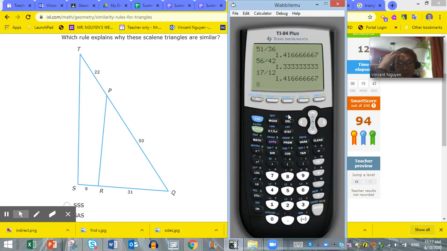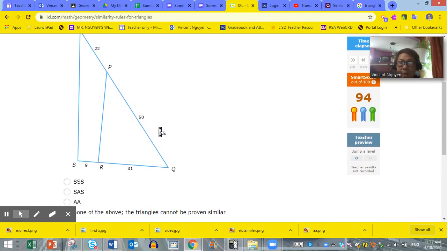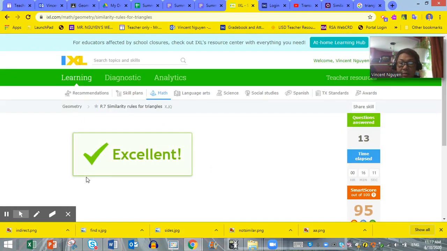I can't guess this. 22 divided by 9 is 2.4, and then 50 divided by 31. I'm leaning towards not similar, but who knows, because the lines don't look parallel. Yeah, they're not similar. So my first guess was right. I'm going to say no.